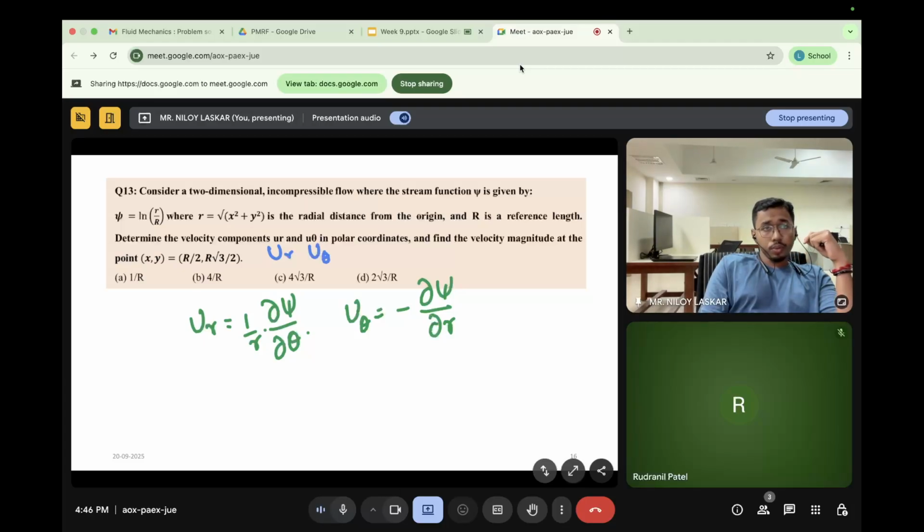Use this formula, nothing else is required here, just the psi, which you got from here. Accordingly you can find u r and u theta.